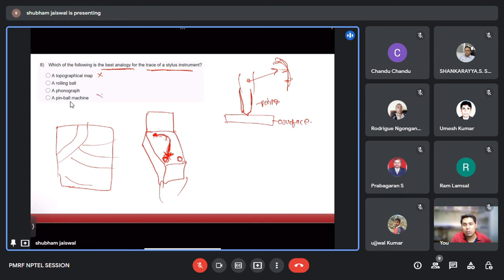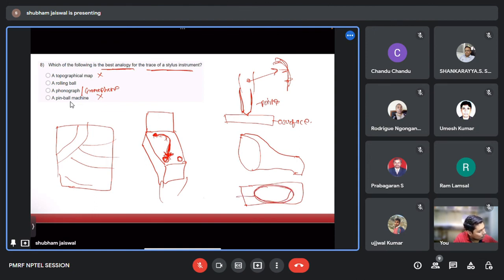If we consider a phonograph, the other name of phonograph is gramophone. So we will have one horn like this one, and here one square table, and here we will have one turntable. We will put a disc on this one, and we keep a stylus.